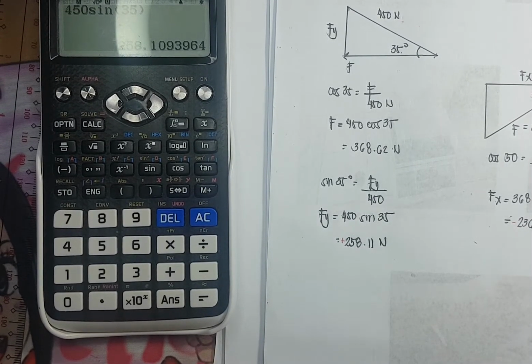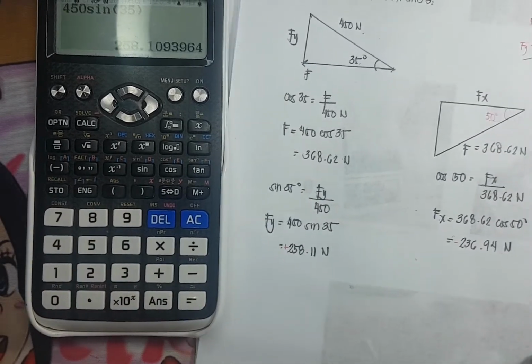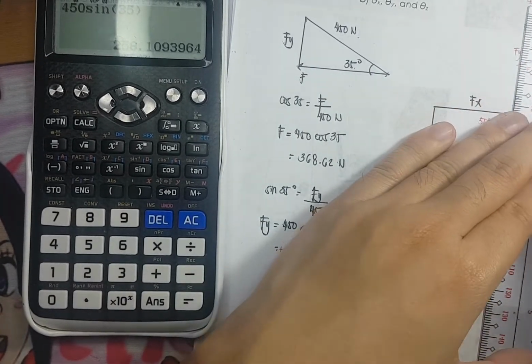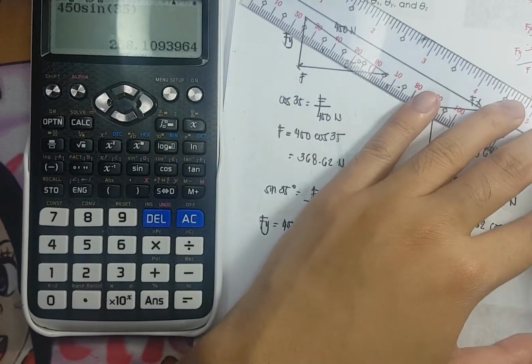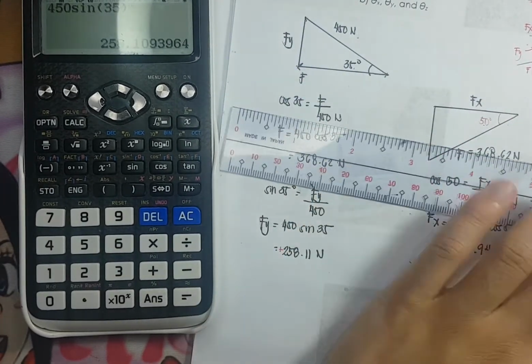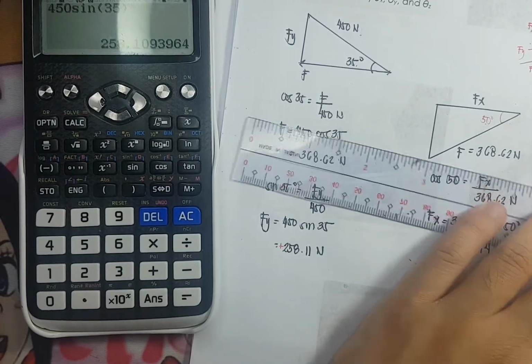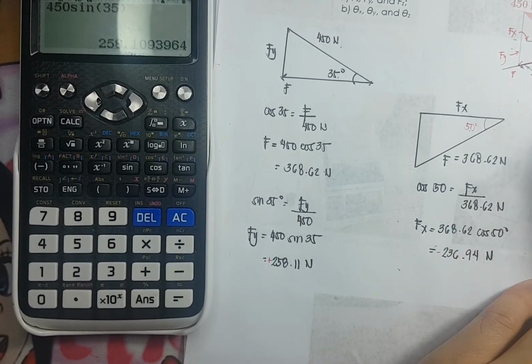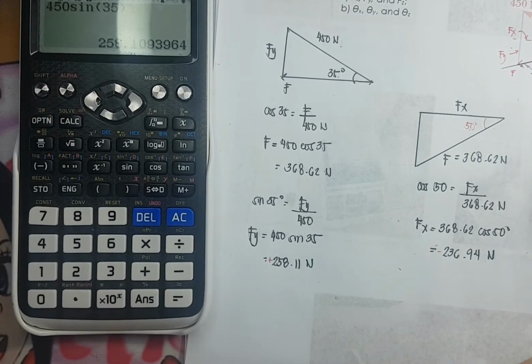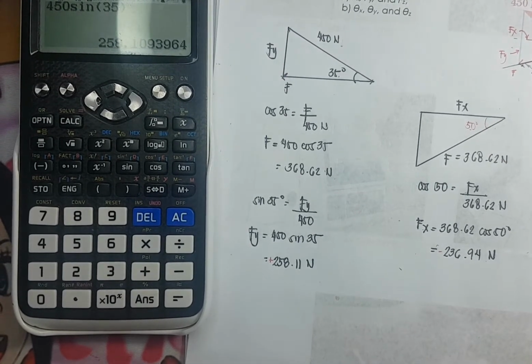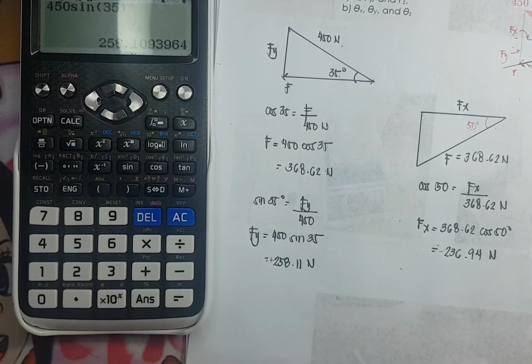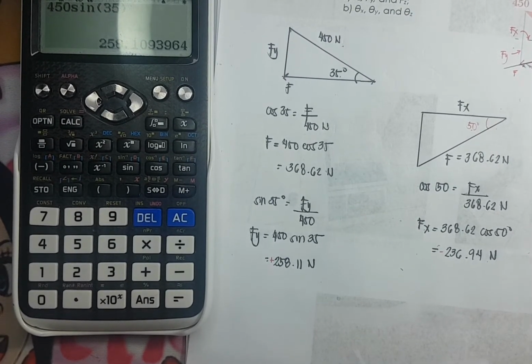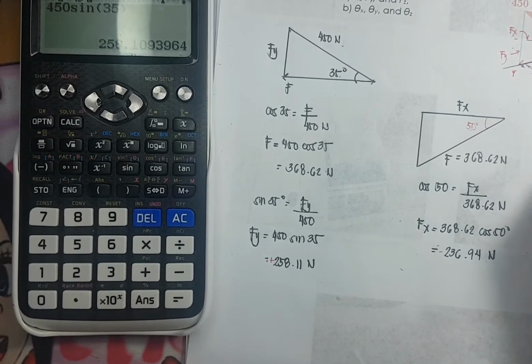Okay, so if I am to redraw that, it would look like this. So we have an angle of 40 degrees, and this is F. F is 368.62 newtons. And I am to solve for f of z. This is f of z. So again, it is cosine.